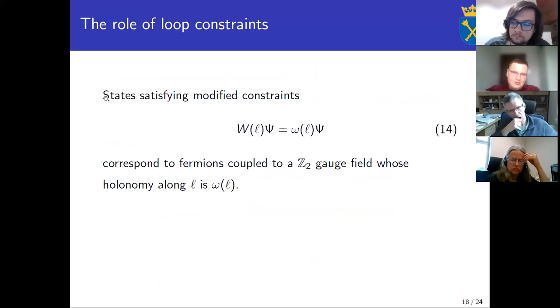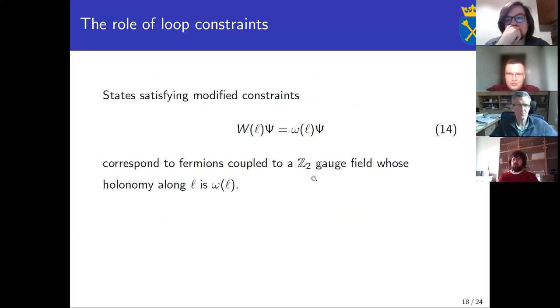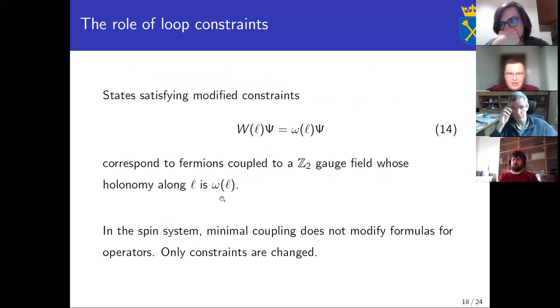And therefore we have the following interpretation: states which satisfy these modified constraints, where you have some non-trivial omega of L, correspond to fermions coupled to a Z2 gauge field, such that omega of L is just the holonomy of this gauge field along L. And I would like to emphasize that in the spin system, in order to perform this minimal coupling, one does not alter formulas for operators.